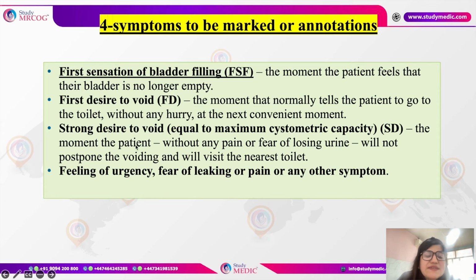The next is SD, or strong desire to void, which is equal to maximum cystometric capacity. It is the moment the patient, without any pain or fear of losing urine, will not postpone voiding and has to visit the nearest toilet, because otherwise there is a fear of pain or losing urine.